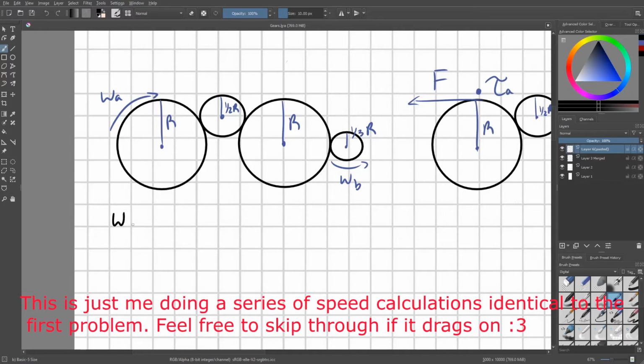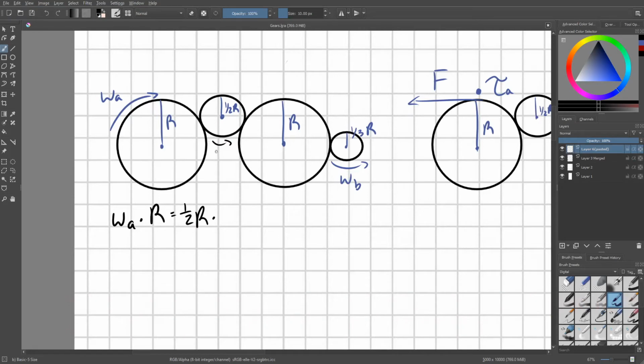So, I'm going to go omega A times R equals omega 1 times 1/2 R, where I'll call this omega 1, and then I'll call this one omega 2.